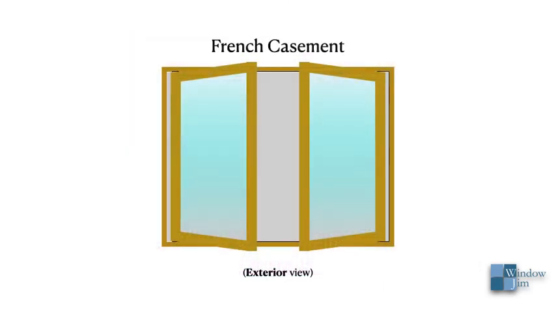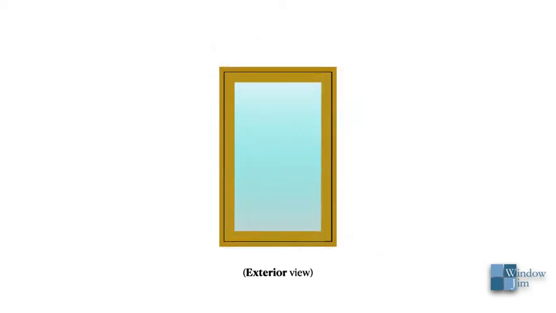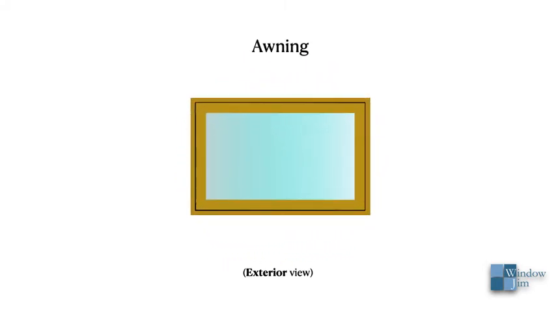A French casement is two sash within a single casement frame. These might crank out or push out. Yet another popular outswing unit that's in the casement family is an awning. This is hinged at the top and swings to the exterior at the bottom.